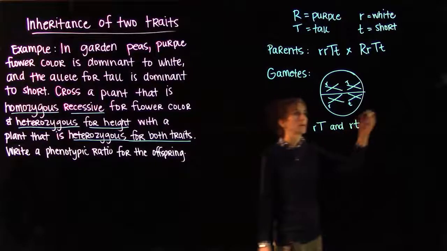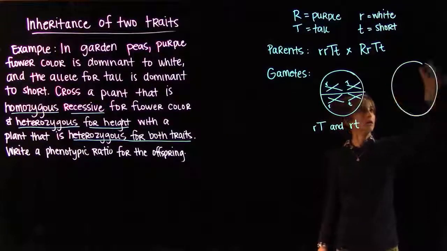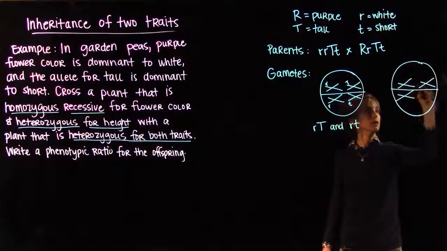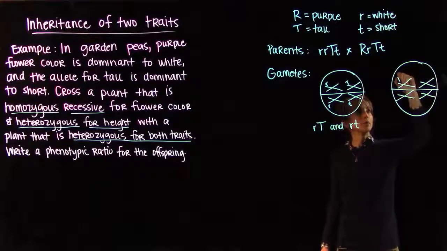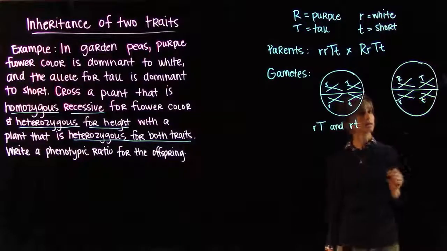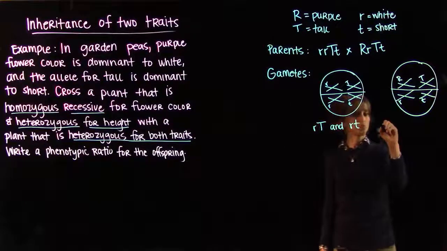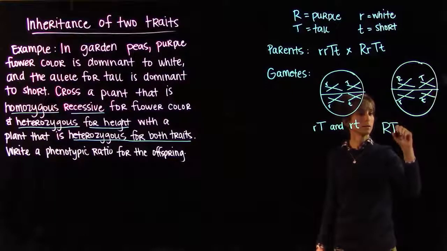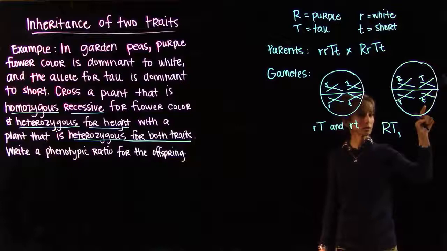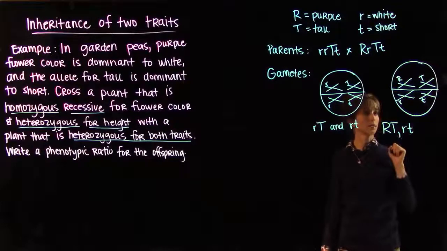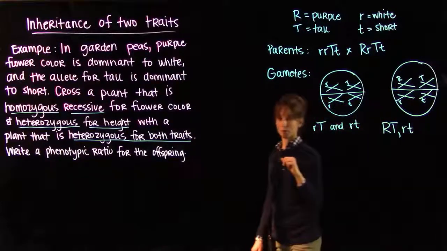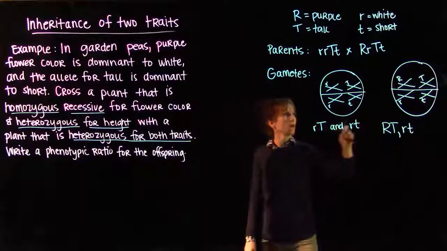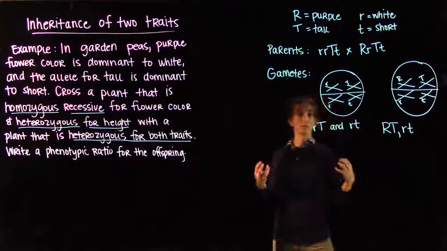Those are the two possible combinations. For the other parent, we have a big R and a little r, a big T and a little t. So one combination is big R with a big T. Another combination is little r with little t. But remember that in meiosis, the way that the chromosomes are pulled is random.